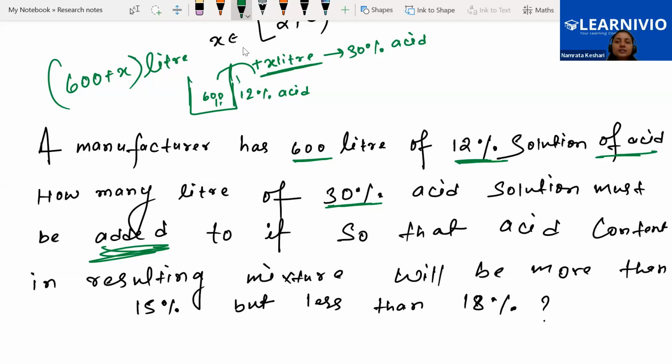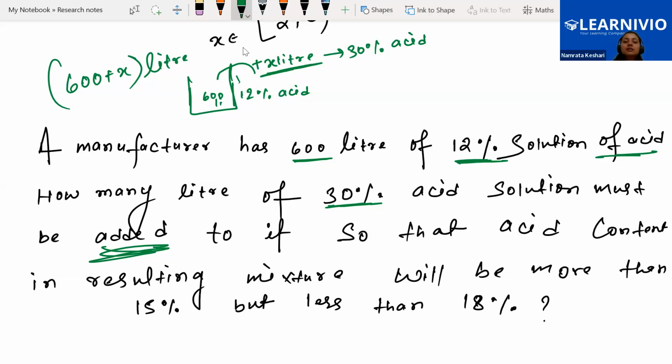Ali, Alina and Sajid, can we say that 600 liter was already there, X liter added, and the total quantity is now 600 plus X liter? Yes, we can say that.